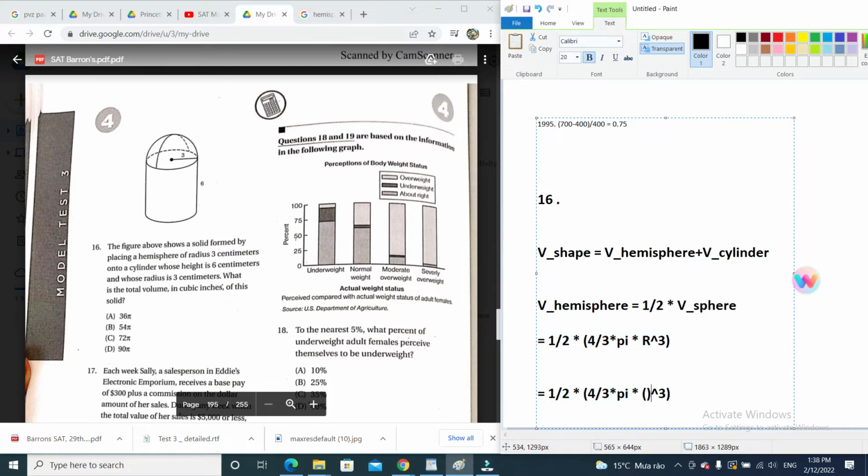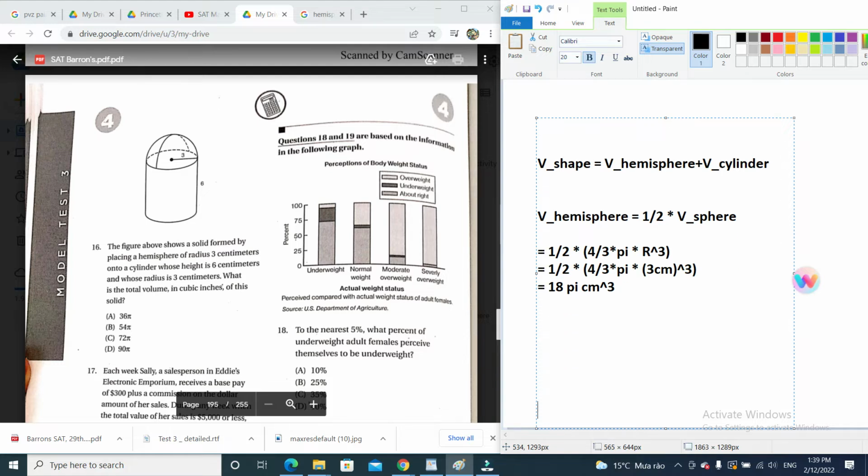So this is 3 centimeters cubed. That's going to be 27. Divided by 3 is 9. 9 times 4 is 36, and half of that is 18, right? 18 pi centimeters cubed. So that's the volume of the hemisphere.